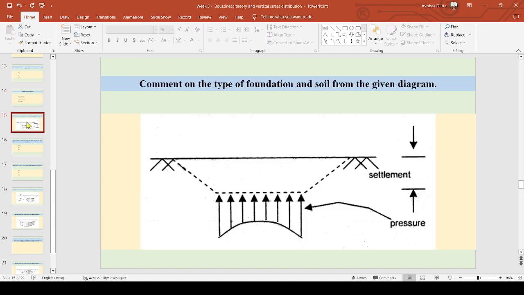Comment on the type of foundation and soil from the given diagram. Diagram is given. It gives the type of settlement, the kind of settlement it will be found in soil or the foundation, and the type of contact pressure between the foundation or footing and the soil.